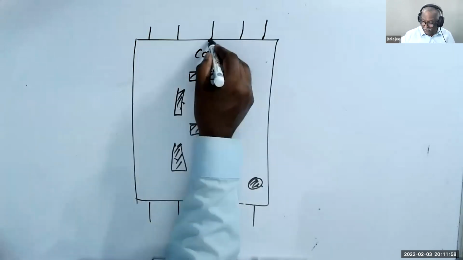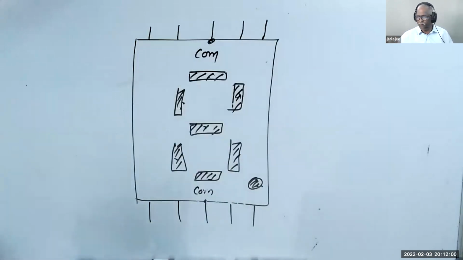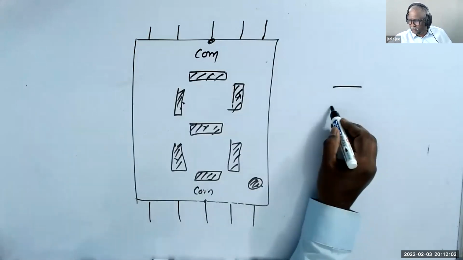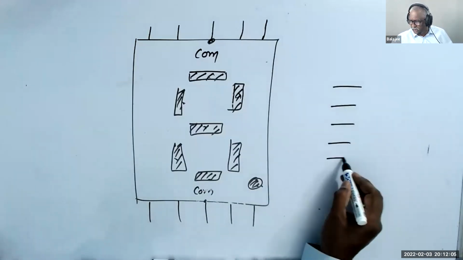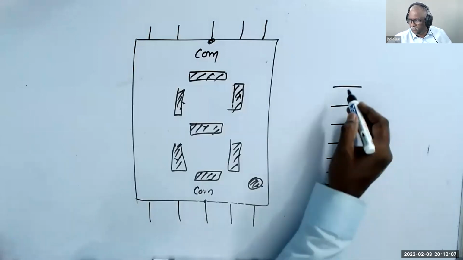The common can be like this. There are 2 methods of connecting. The one method is this. I have 8 LEDs, 7-segment.